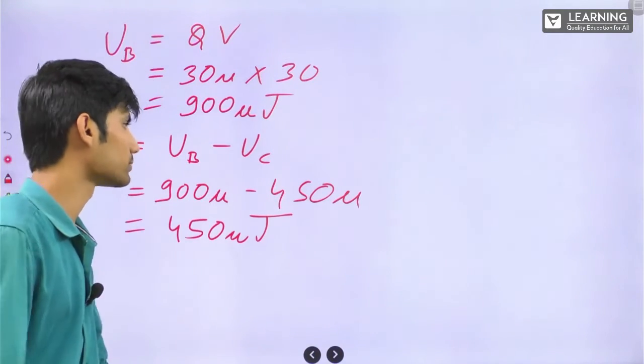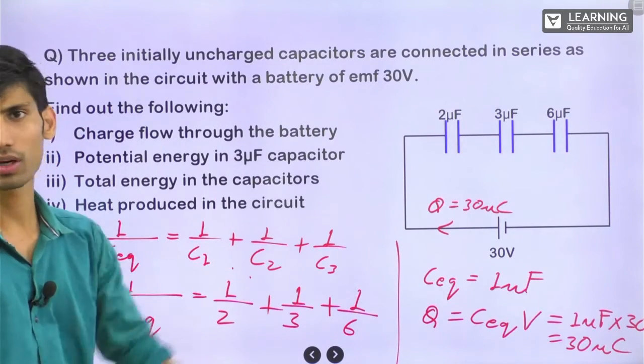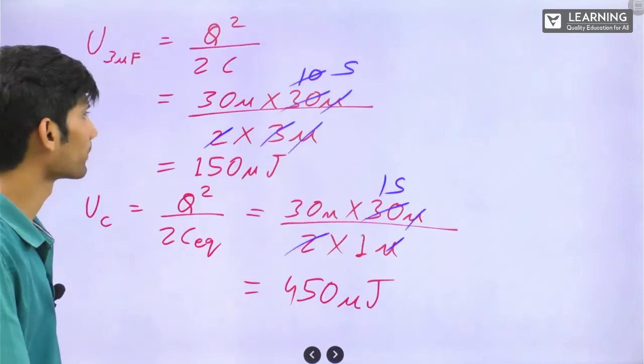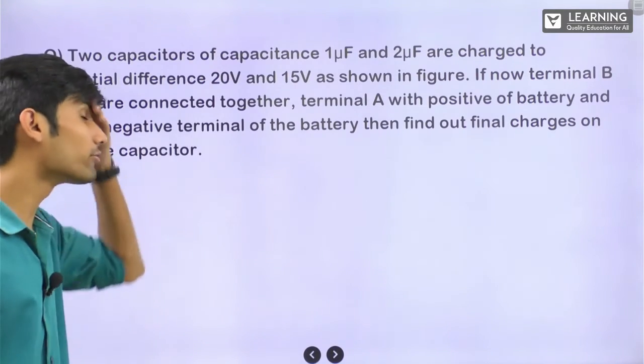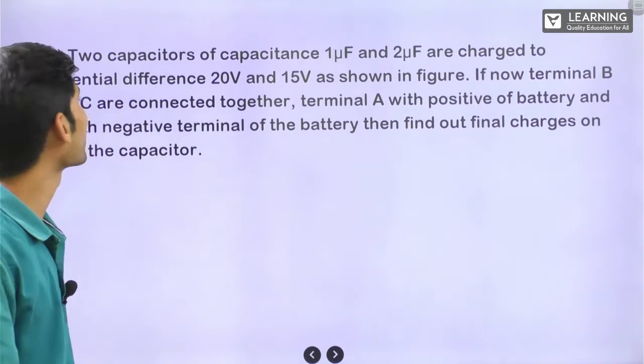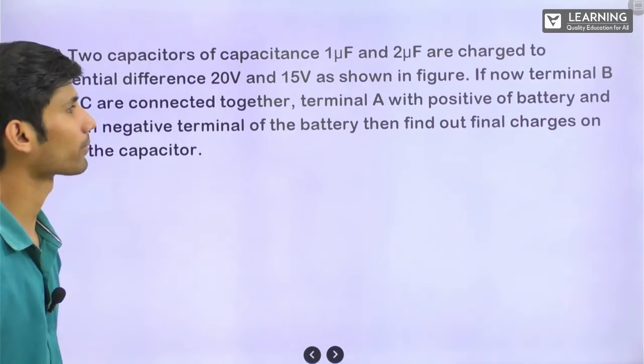Now, this question, all the parts we have done, I hope you understood how it is done. Okay. Next, two capacitors of capacitance 1 microfarad and 2 microfarad are charged to potential difference 20 volt and 15 volt as shown in figure.